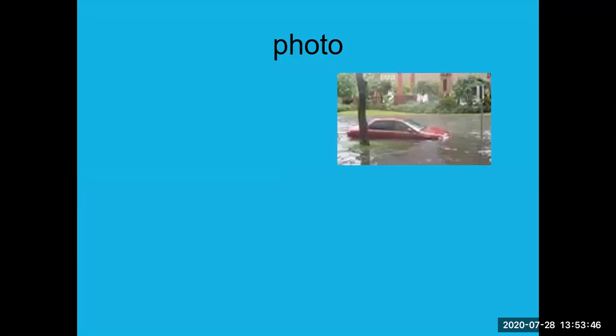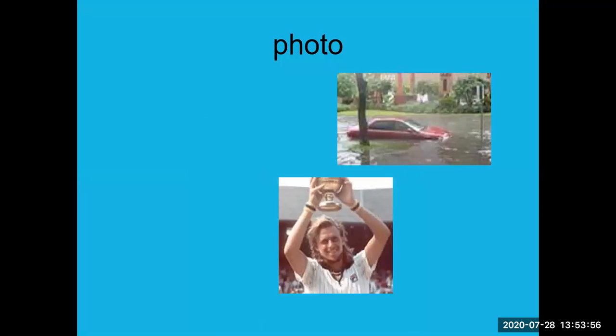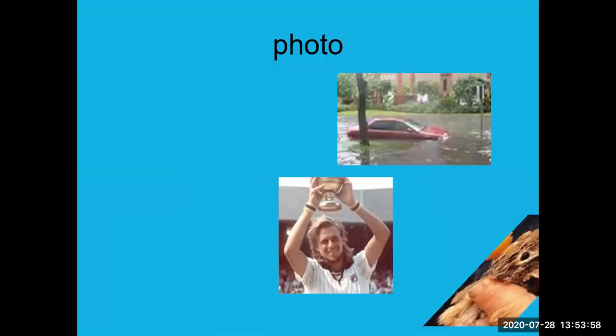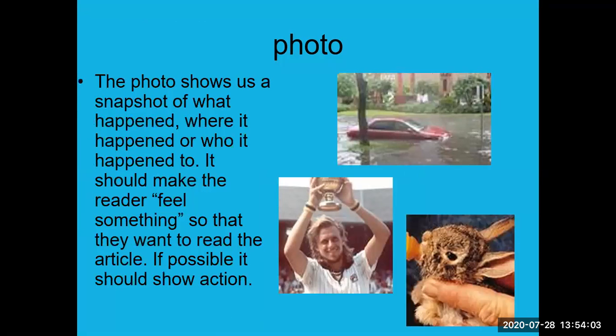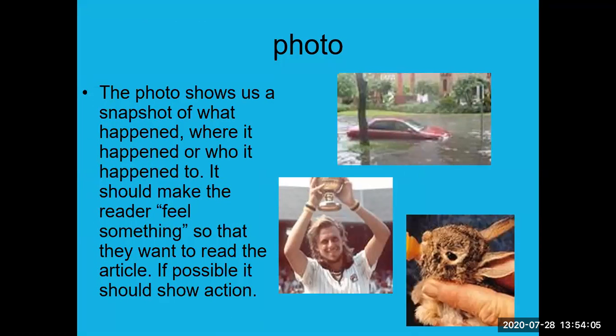Your newspaper recount should also, please mute yourself, include a photo that tells us what is actually happening. The photo shows us a snapshot of what happened, where it happened, or who it happened to.